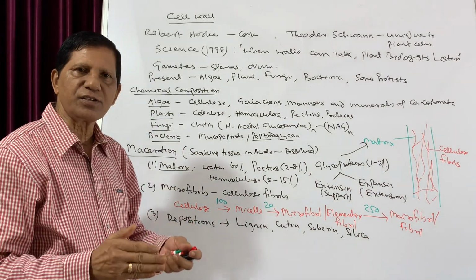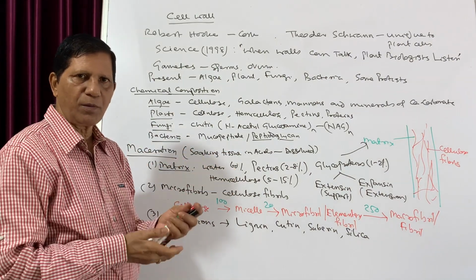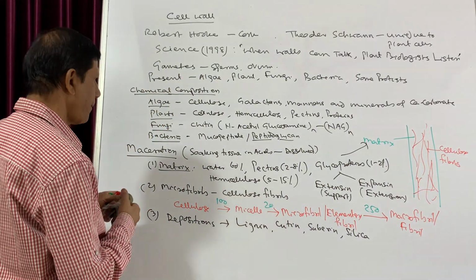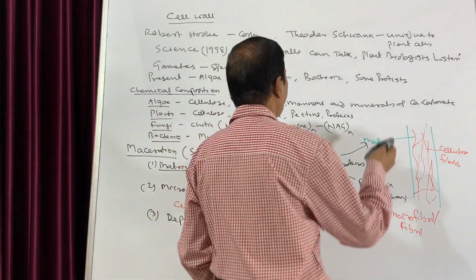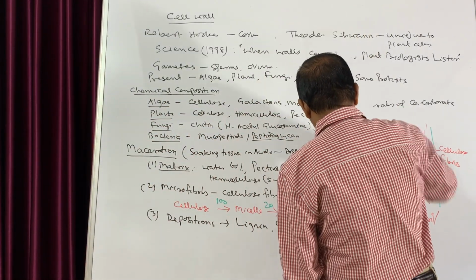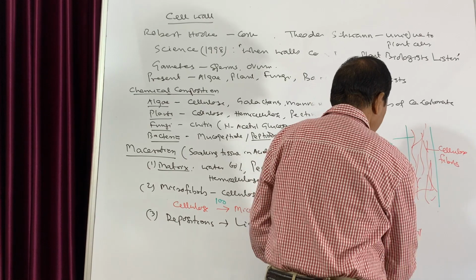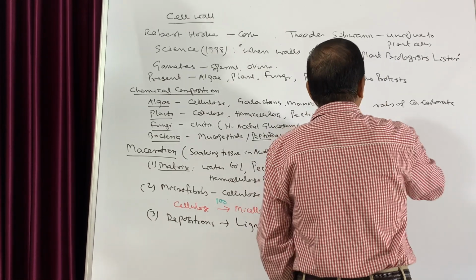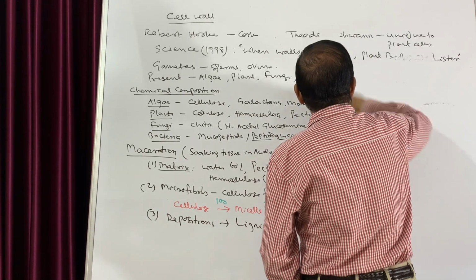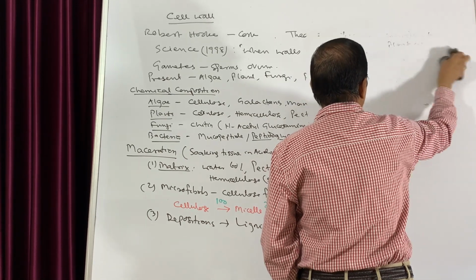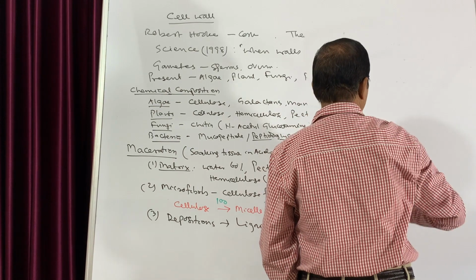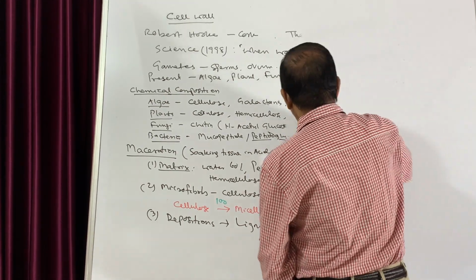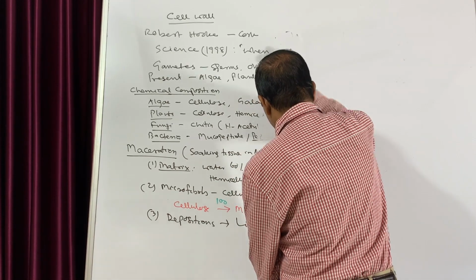Now let us discuss the structural part of the cell wall. When we discuss the structure of the cell wall, we will find that usually in all cells there are two cell walls, but in mature cells sometimes there may be 3 or 4 layers also present.